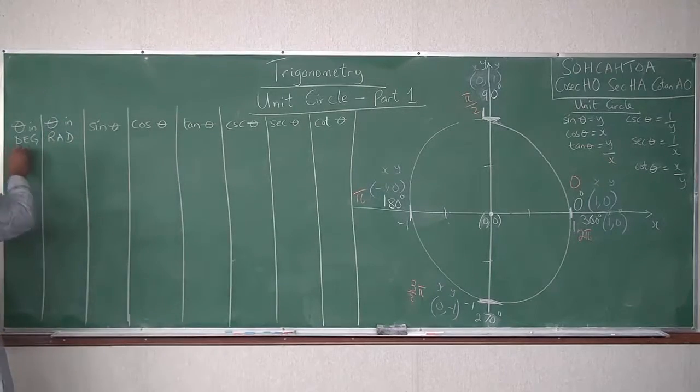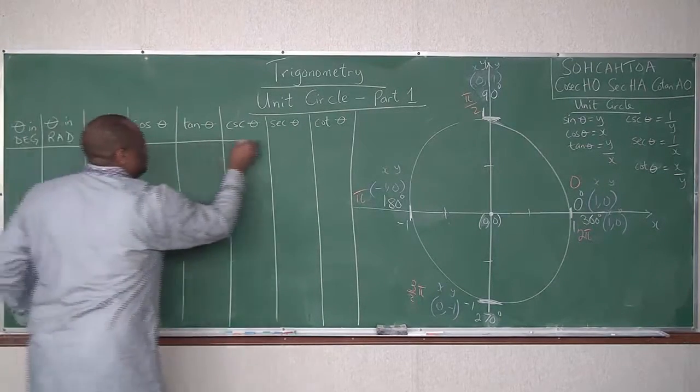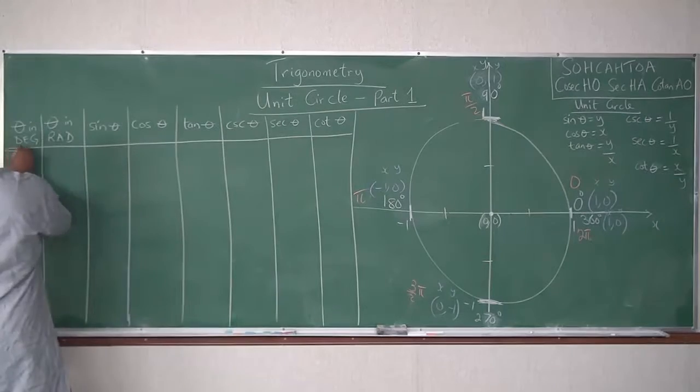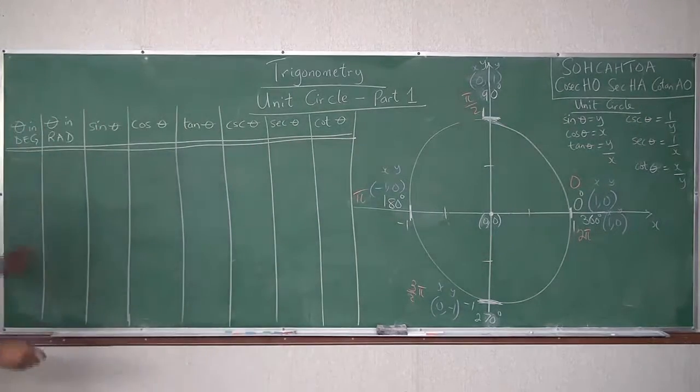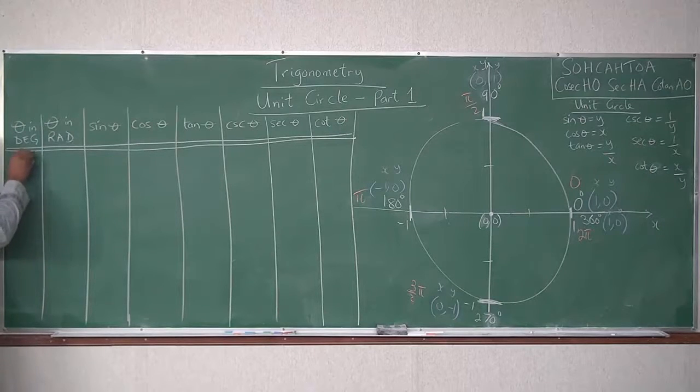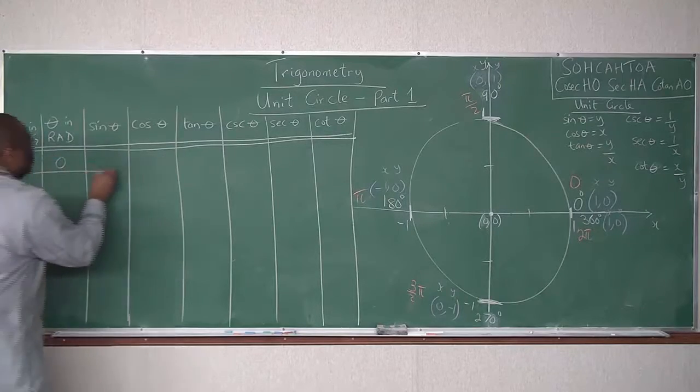I'm going to draw this with double lines to demarcate it. Alright, 0 degrees, let's just write 0. 0 is still 0 in radian.